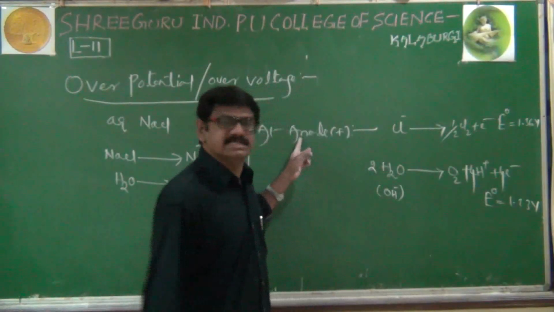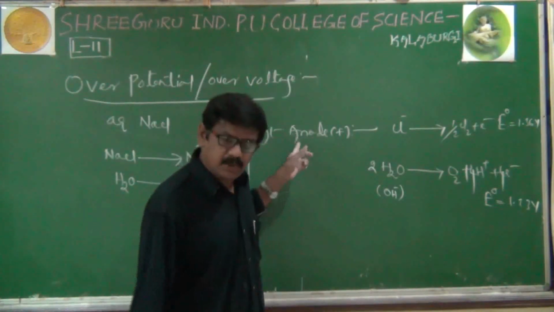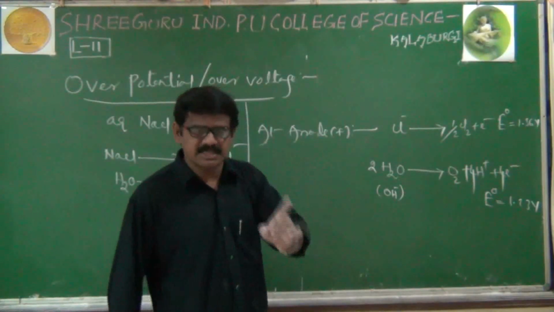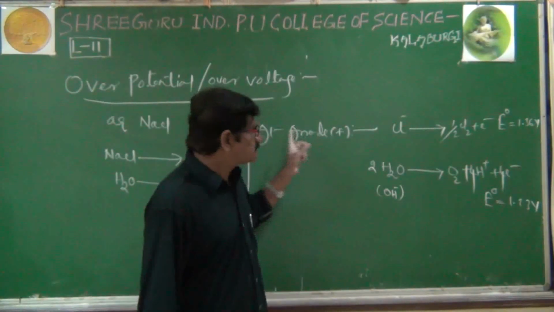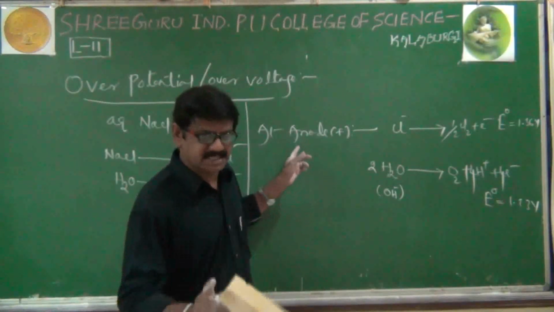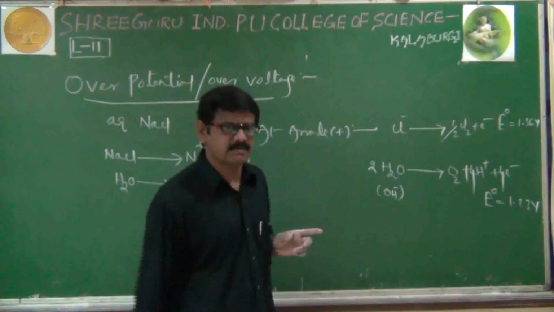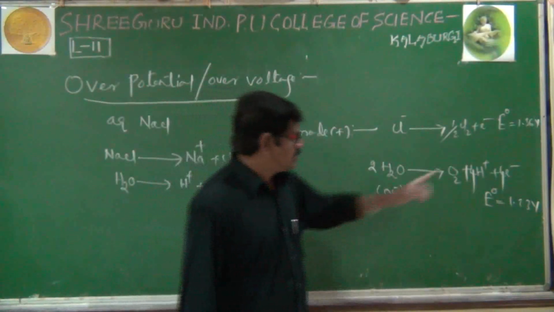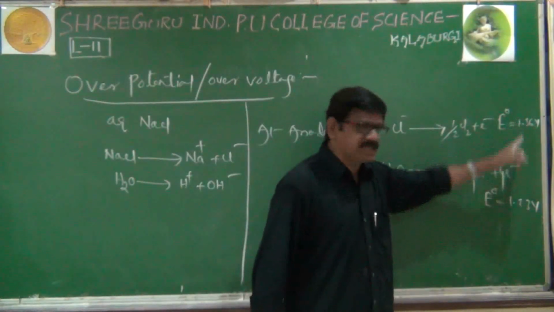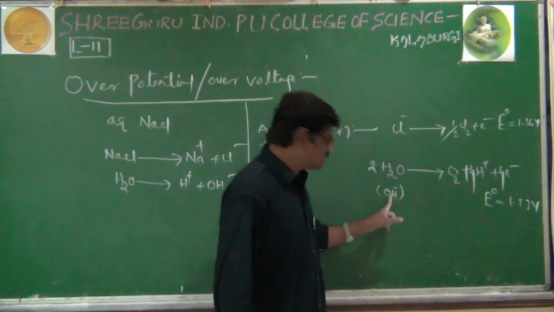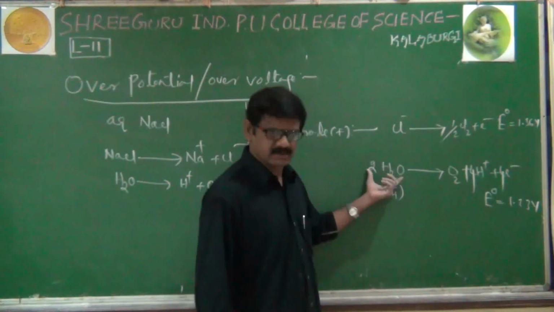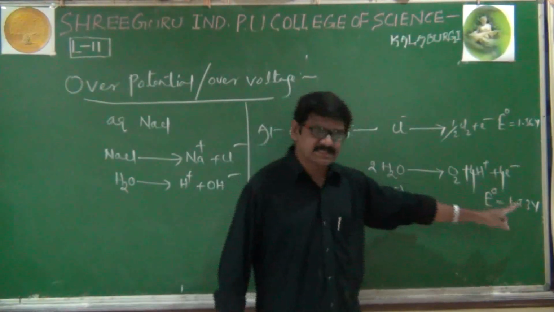Now we are discussing the anode. Anode means oxidation should take place. For oxidation, the SRP value should definitely be less. Based on that, of 1.36 and 1.23, OH-, of course from water, has the lower SRP value.